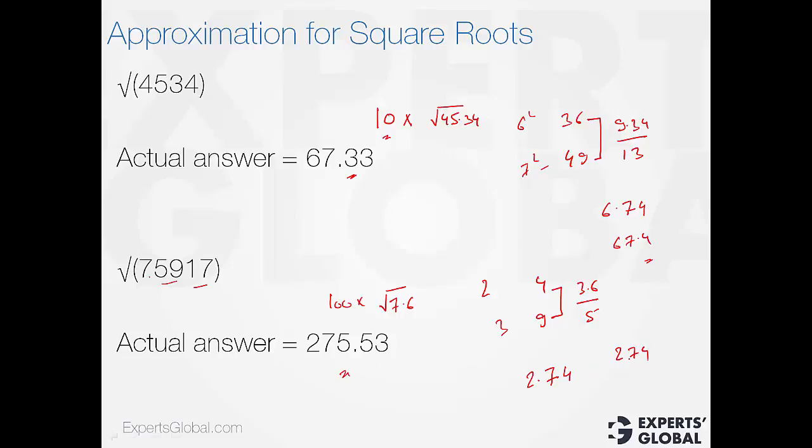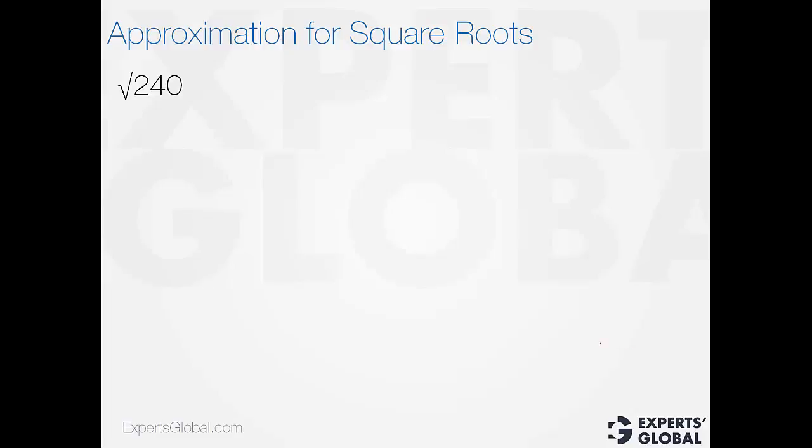Square root 240. So how do we do this? So 240 has a 16 and a 15 in it. I can take 16 out and it becomes 4 outside the radical sign, root 15. And square root 15 is just a bit less than 16.